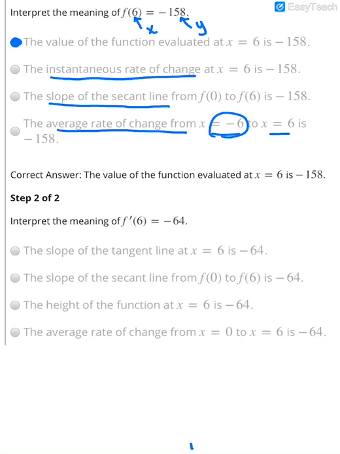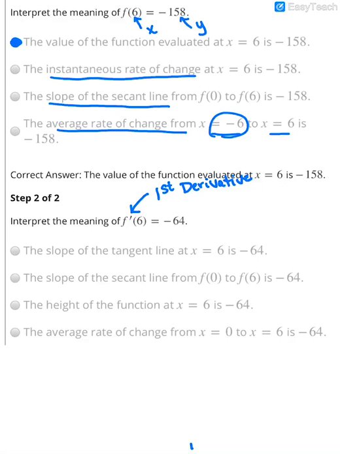All right, on the second one that says interpret the meaning of f prime of 6 is equal to negative 64. Now, when you see that prime symbol, that actually refers to a first derivative. And a first derivative refers to you looking at the instantaneous rate of change.